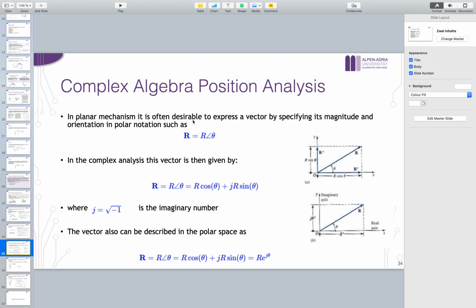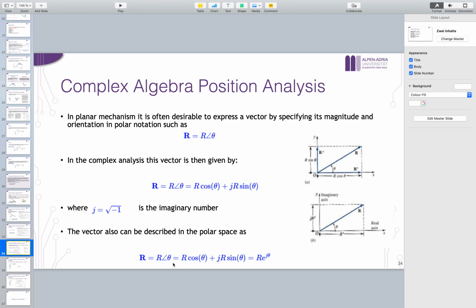And if we look in the complex analysis, the vector is given by that, which is, as I said, the magnitude and orientation, and can be represented also by this form, which is r of cosine the angle or the orientation plus the imaginary number multiplied by r sine. You should basically know that the imaginary number is the square root of -1, and the vector can be described in the polar space as we see here.